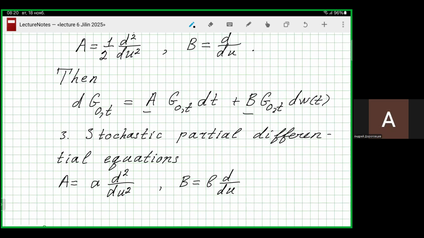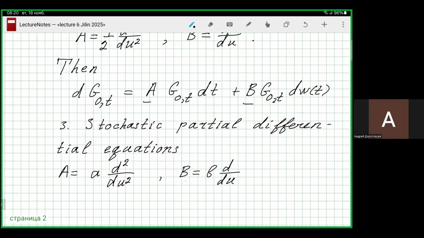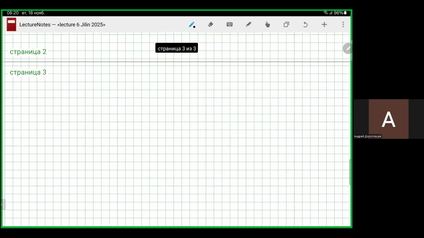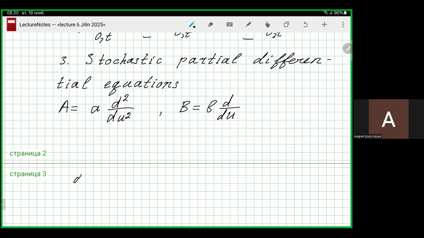You remember that in the opposite case, even in the absence of the term of the first order, the analog of the heat equation, du equal to a d square u over dx square, has a good solution only when a is greater than 0.